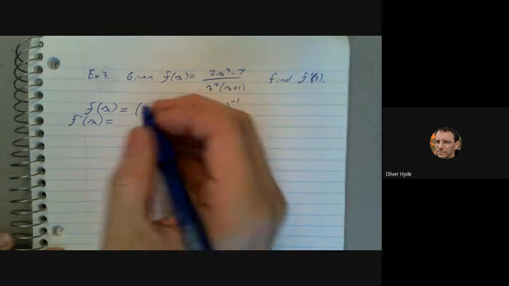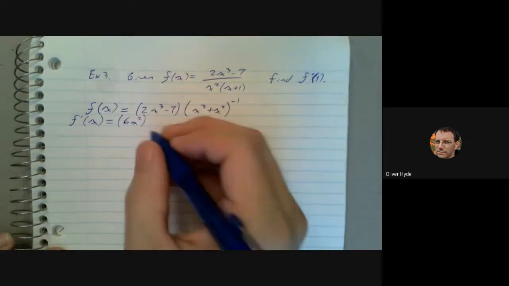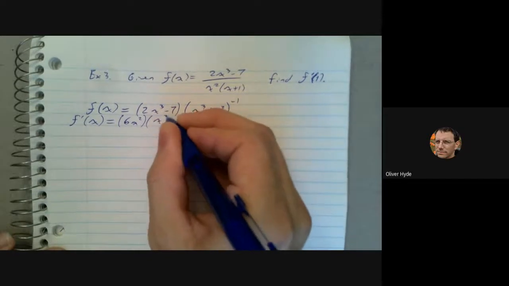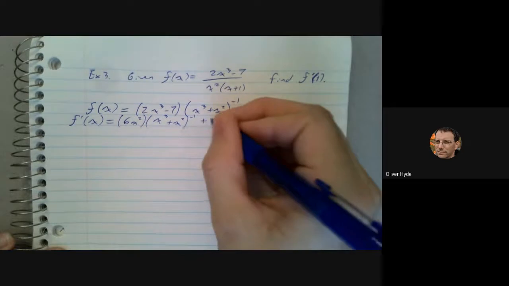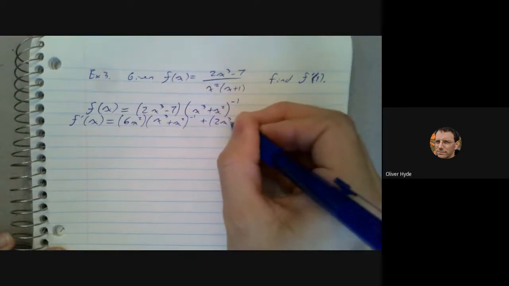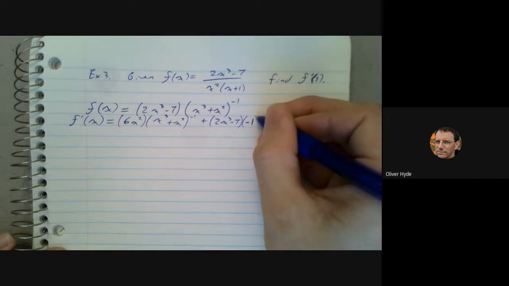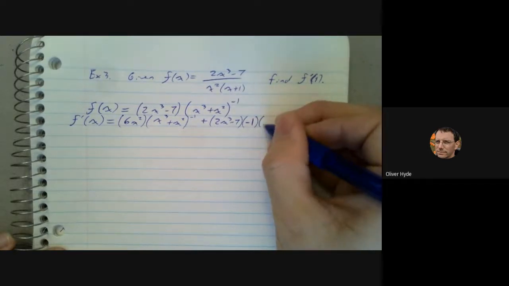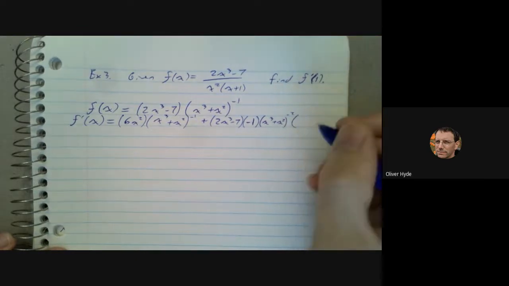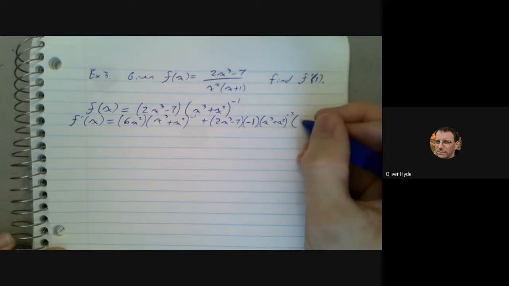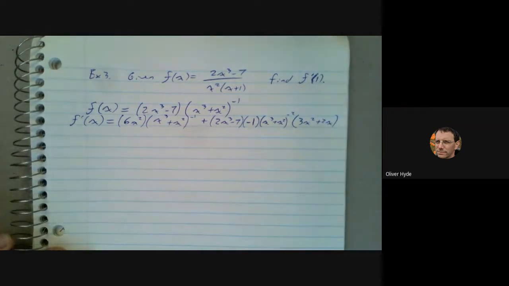So derivative of the first, 3 times 2 is 6x squared times the second, x cubed plus x squared to the exponent negative 1 plus the first 2x cubed minus 7 multiplied by the derivative of the power with respect to its base, x cubed plus x squared to the exponent negative 2, multiplied by the derivative of the base with respect to x, like that.